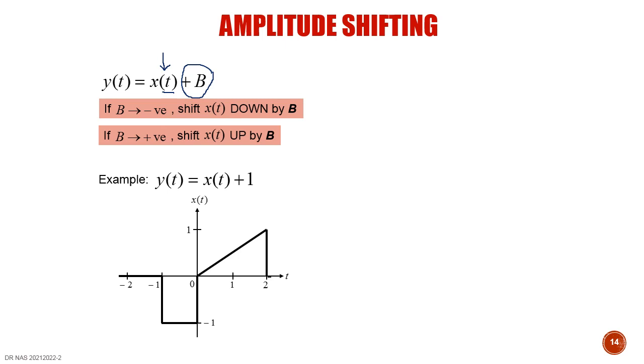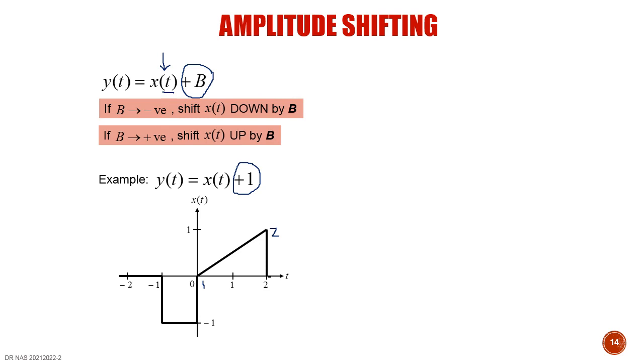So this is the original signal. What happens when the amplitude is shifted up? It is not scaled up, it is shifted up by 1. So the original amplitude 1 now becomes 2.